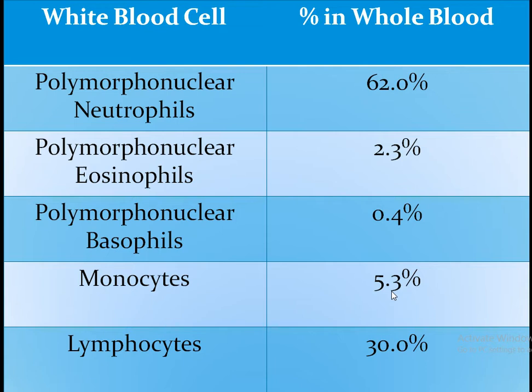Then we have the eosinophil, 2.3%, and monocytes, that is 5.3%, while the lymphocytes, second in number regarding WBC, are 30%. Basophils are very few compared to the others. They are present at 0.4%.